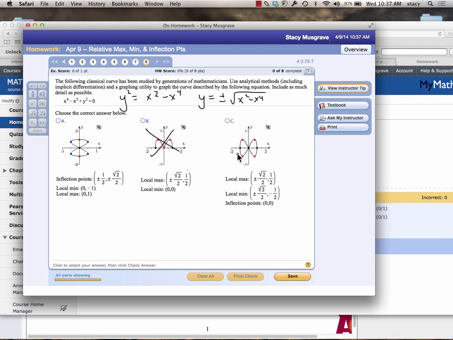Plugging in x equals 0 is one of the easiest things you can do, right? So if you plug in x equals 0 into this equation, what do you get for y? 0. Do you get any other values? No. So that means that the graph should only have one ordered pair when x equals 0. That forces it to be this as an answer, right?